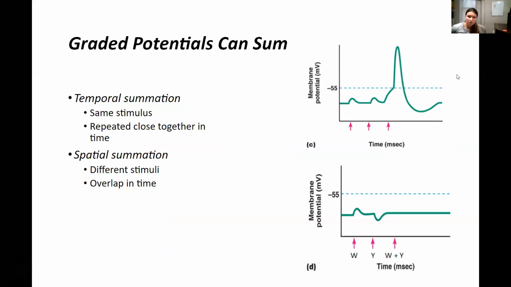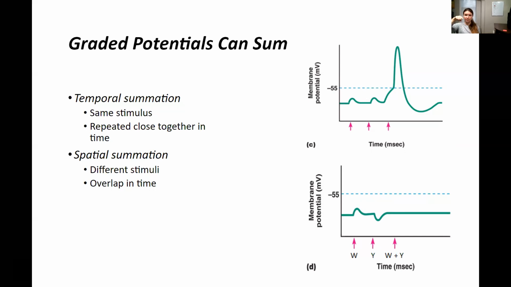Okay. So our graded potentials can add up in two different ways. Graded potentials will sum in temporal summation, which is what happens when we have one stimulus that pokes our cell and then pokes it again.